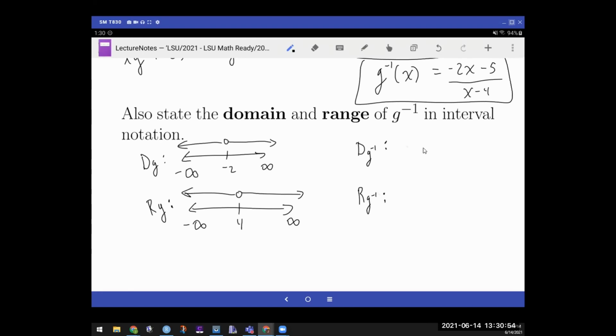So the domain will be, and I'll put it in interval notation this time, negative infinity to 4 union 4 to infinity, which is the range of g. And the range of the inverse would be the domain of g, negative infinity to negative 2 union negative 2 to infinity. So that would be inverse functions, their domains and ranges.